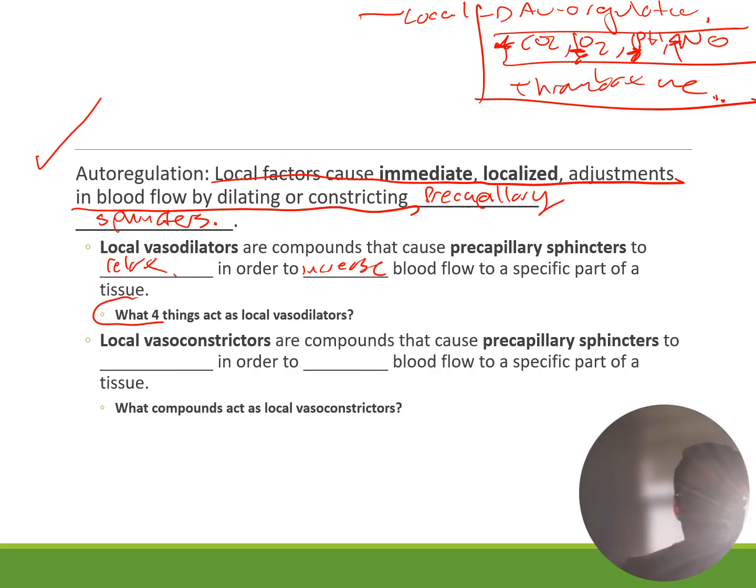Four things act as local vasodilators. Remember those. Local vasoconstrictors are compounds that cause capillary sphincters to contract in order to decrease blood flow.